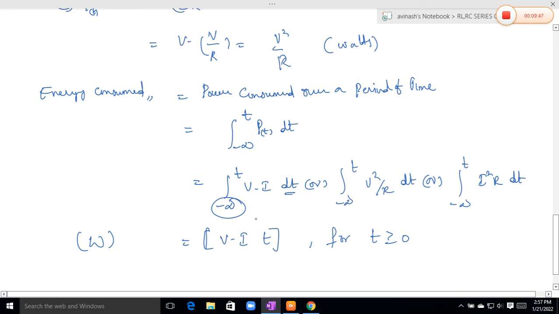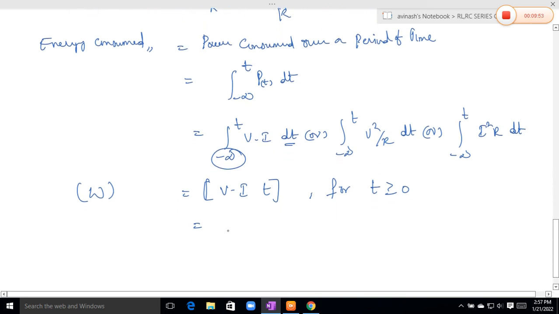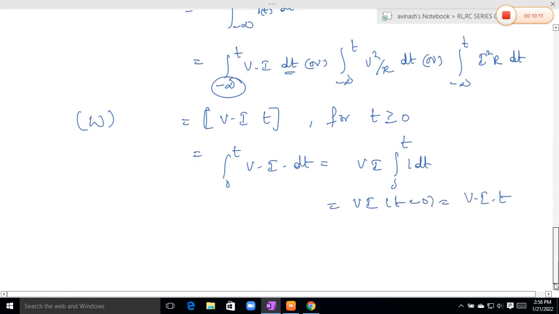That implies the integral from 0 to t of Vi dt. Since Vi is a constant, this is Vi times the integral of 1 dt from 0 to t. Then we get Vi into t minus 0, that will be V into I into t. I hope this is clear to everyone.